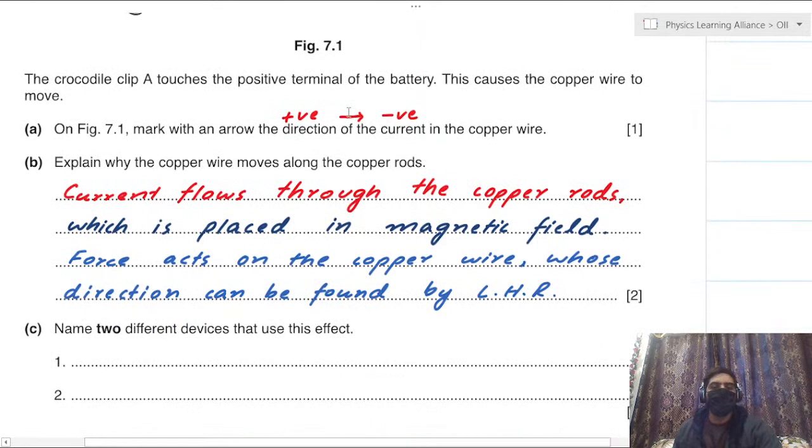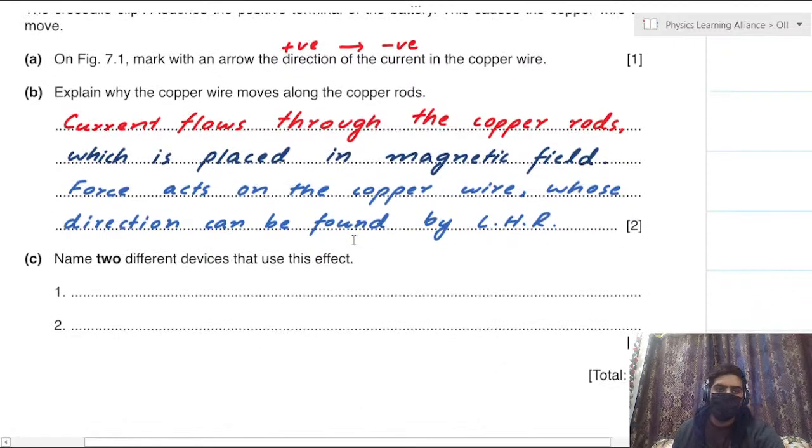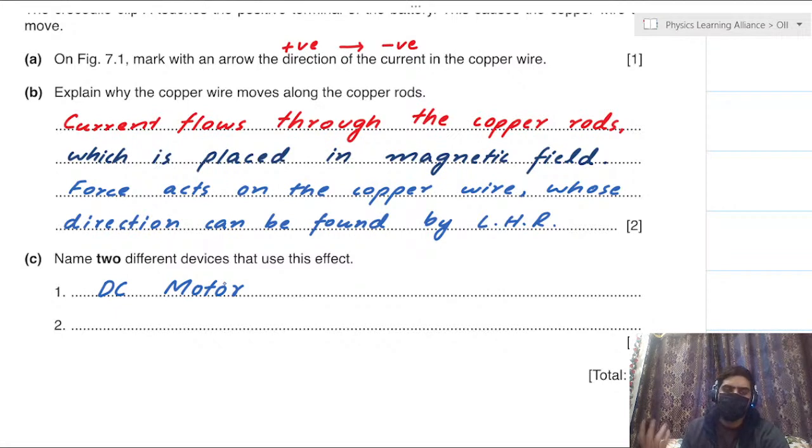Name two different devices that use this effect. So one is DC motor, because in DC motor we use that effect to make a current carrying coil rotate, and then we attach something with it, and that thing would also rotate.